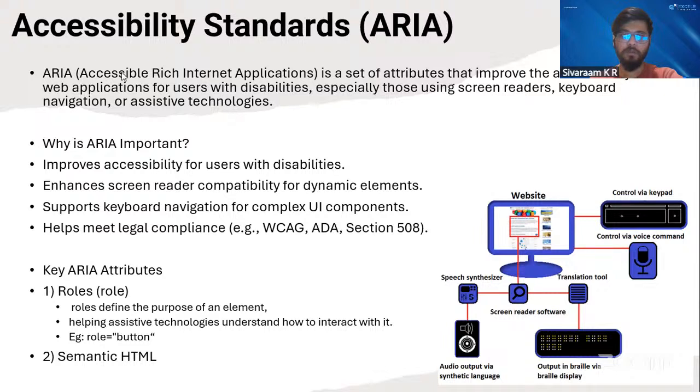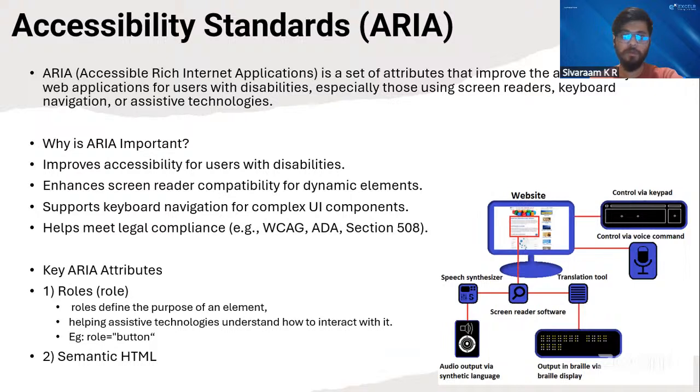So there is a set of instructions or protocols. This is a set of attributes that improves the accessibility of web applications for users with disabilities. This is very important to understand. Whenever you're developing an application, you need to keep in mind that even people who are blind, for example, or people who don't have hands or fingers, people who are disabled, we should also make your application available to them.